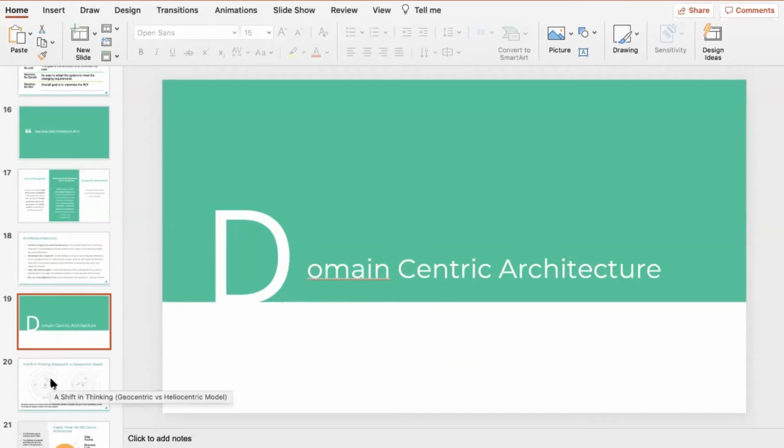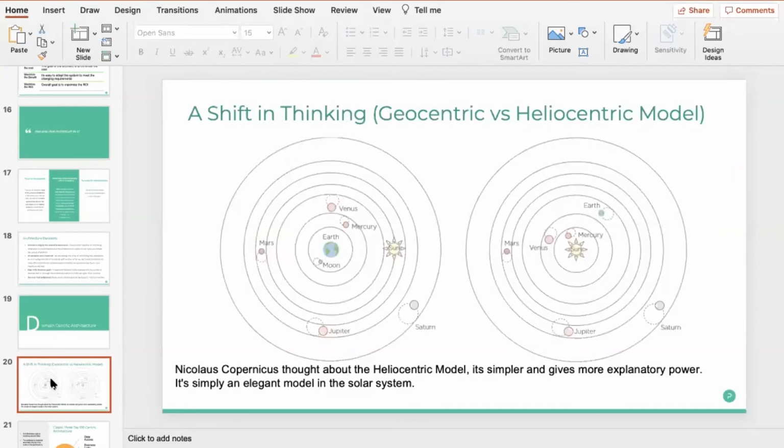To start with, I would like to begin with a simple story. In the past, maybe 100 years ago, I'm not sure of the exact period, but at least in the olden days, people used to have this geocentric model as the basis to explain how the stars move, how the calendars work, everything was based on this geocentric model.